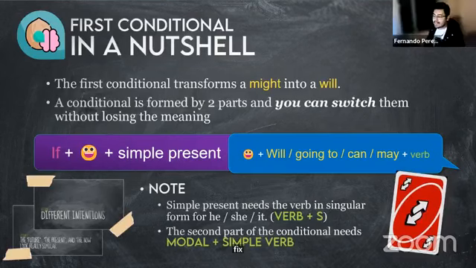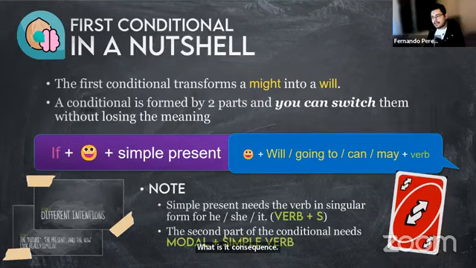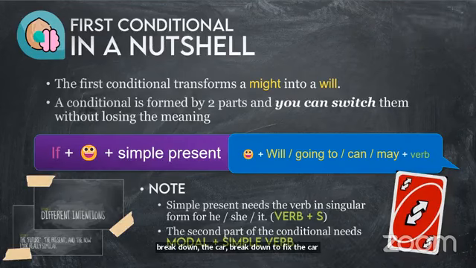Okay. Exactly. Now, identify what is the cause and what is the consequence. Fix or break. What is the consequence? To break down, the car break down, or to fix the car? The consequence is the fix.